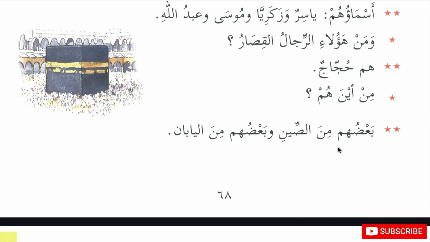But later on, we'll see that if you use the female pronouns, then they only refer to females. But if you have even one male in that collection, then it will always be the male plural then. And we will see that inshallah. بعضهم من الصين وبعضهم من اليابان. Some of them are from China and some of them are from Japan.